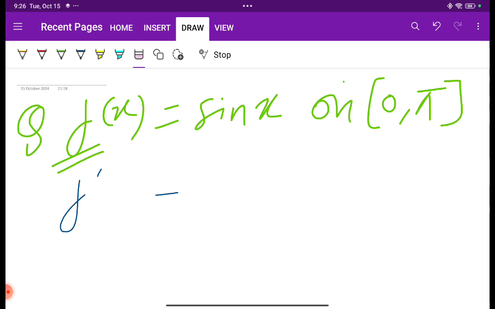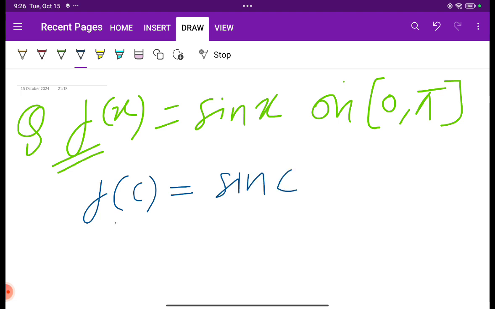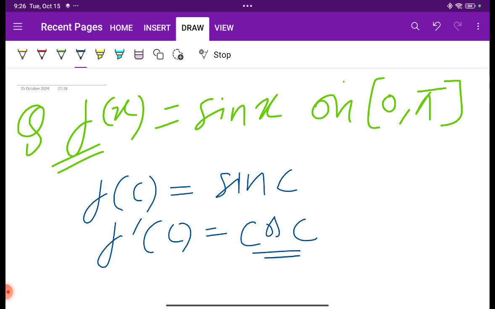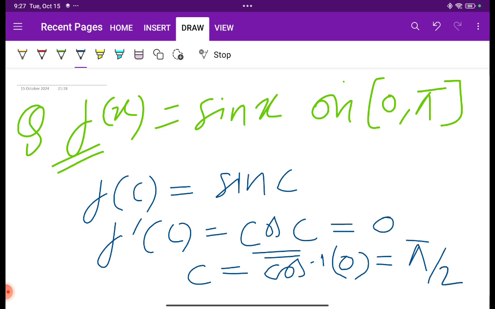Now the third step: we know that f(c) is equal to sin c, and f'(c) will be equal to cos c, since the differentiation of sin x is cos x. Now equating this with the value we got, f'(c) equal to 0, implies c is equal to cos inverse 0, which is pi by 2.